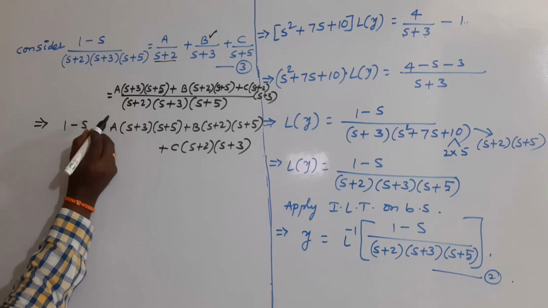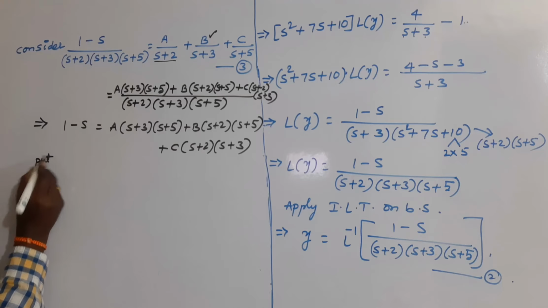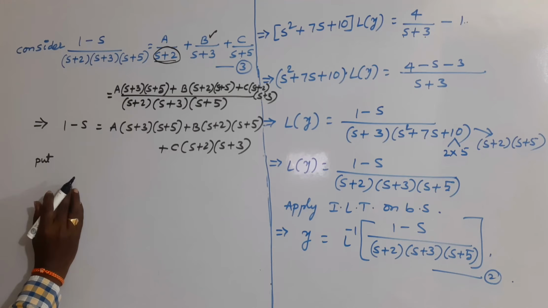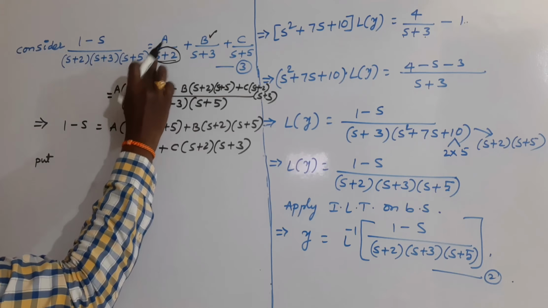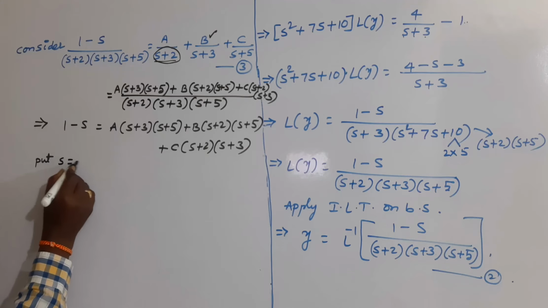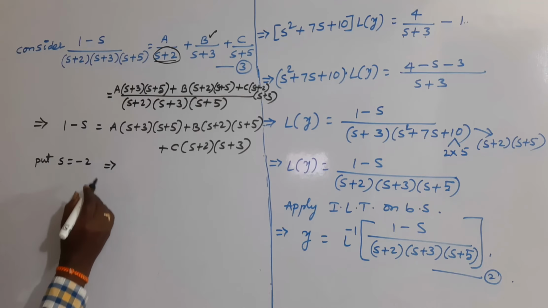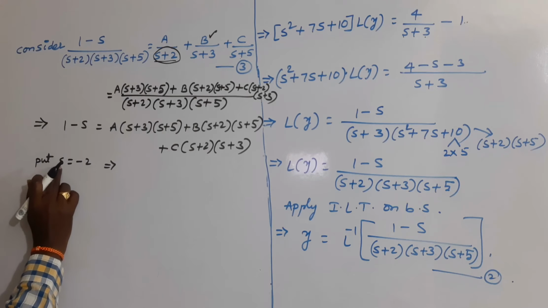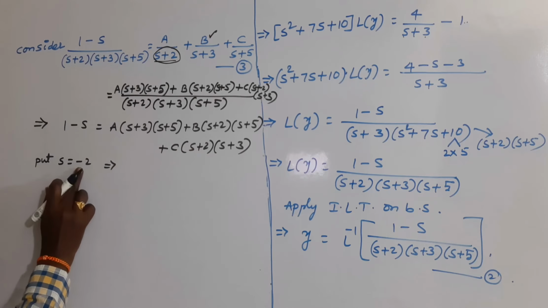For the A value, look at the denominator of capital A, which is s plus 2. What is the root of s plus 2? Minus 2. So put s equal to minus 2, and automatically you will get the value of capital A. See, 1 minus, whenever we have s in the entire equation, replace it by minus 2.